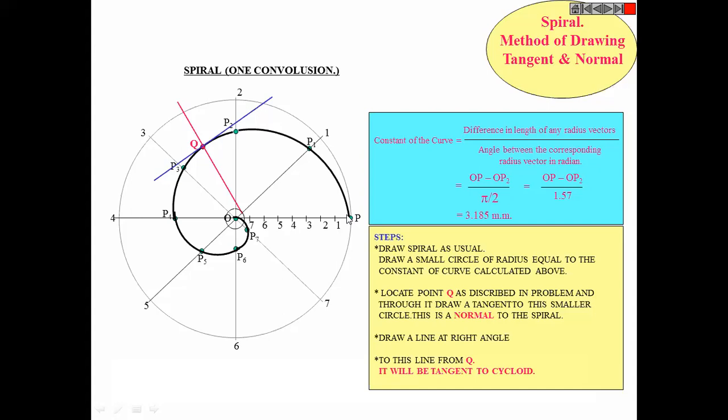So this spiral is the easier one. You can do it on your own. So rather we will attempt the cycloid. What would you prefer? Answer me fast, we don't have much time.